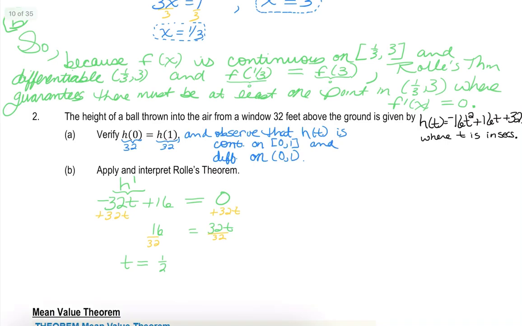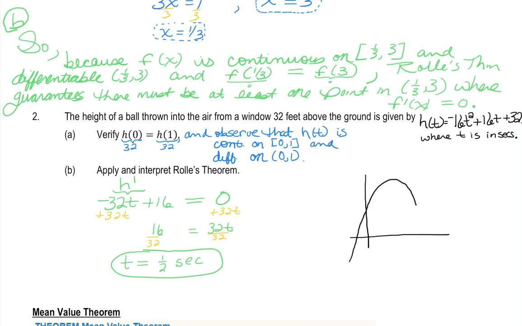So what happened at a 1/2 second? So we've applied Rolle's theorem. Now let's interpret it in this context. So what we have for our height function, hopefully we can pretty easily think about what h of t looks like. It's going to be this parabola. At 0, it's at 32.